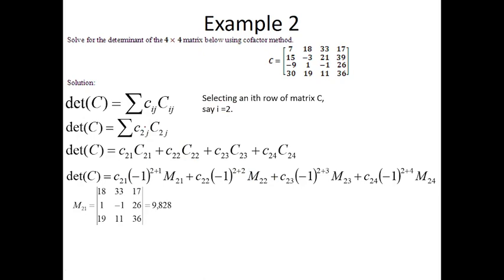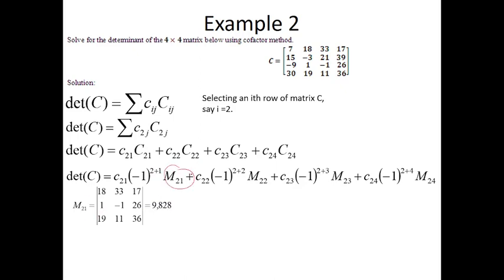So in evaluating the determinant, we get 9828. How did we arrive at this determinant?